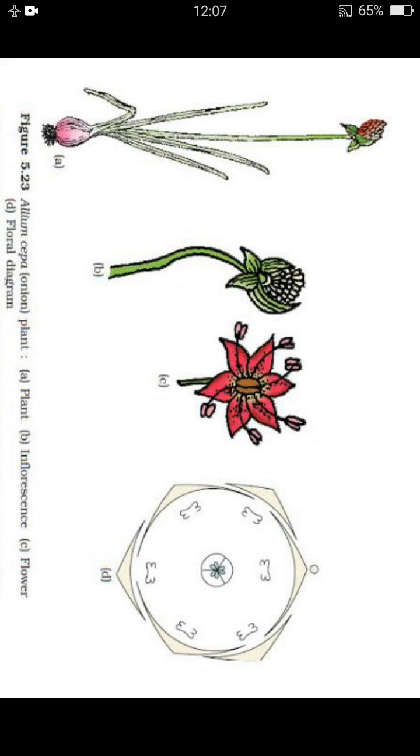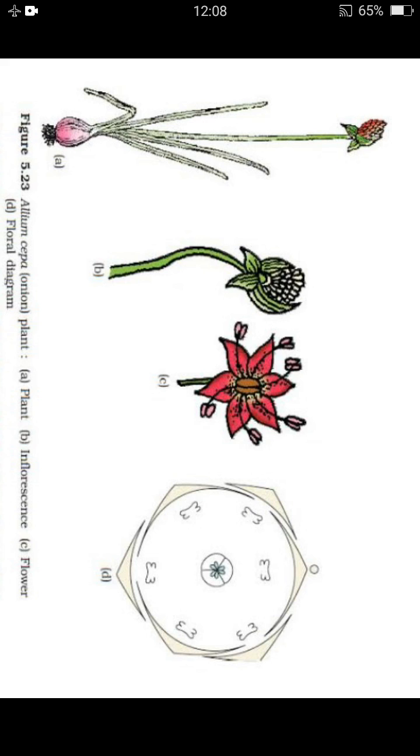Next, another floral characteristic, the important part, it is nothing but gynoecium. Gynoecium is tricarpellate. Have you seen diagram D, the floral diagram? In the floral diagram, centrally you can see the ovary. In that, how many carpels are there? 3 carpels are there. Carpel means nothing but chamber. The chamber is also scientifically called a locule.